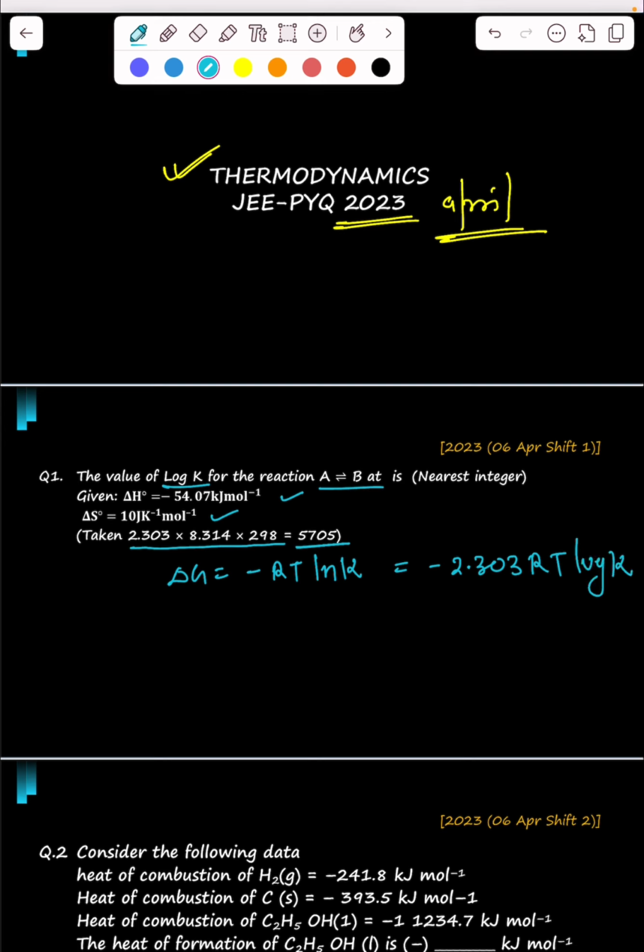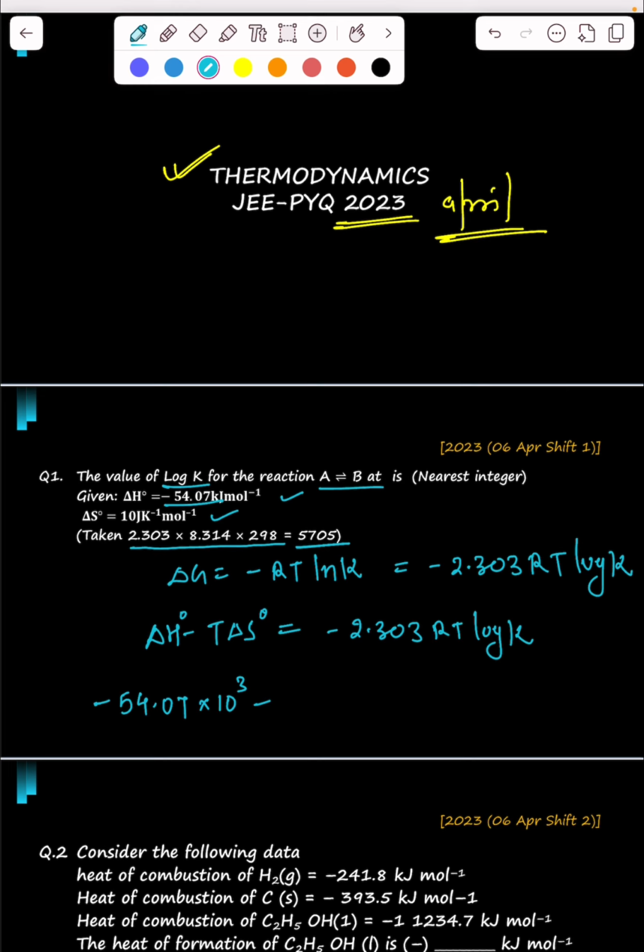But here del G तो given ही नहीं है. So del G we will write as delta H minus T delta S by using thermodynamics. Since all are standard condition, minus 2.303 RT log K. Okay, del H value is given minus 54.07, but check the unit, kilojoule is given, so just 10 to power 3 minus.